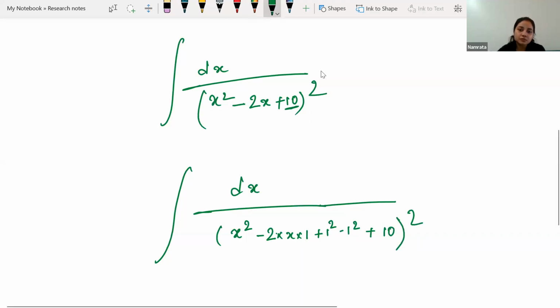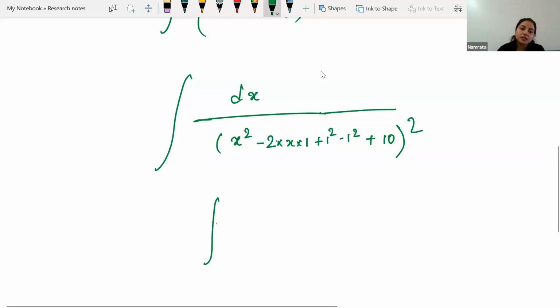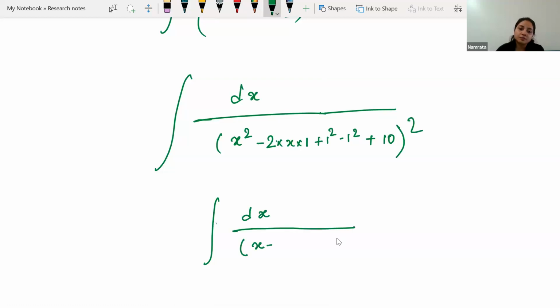It will give us dx over, whole square, because minus 2ab is there, and here we have negative 1 and positive 10, which will make plus 9. The whole thing has a power 2, which I'm just copy pasting from the previous step.